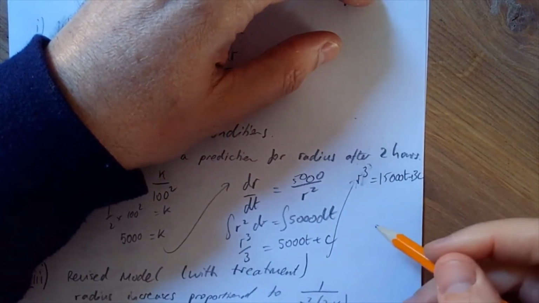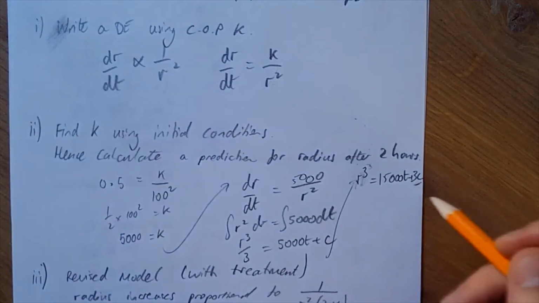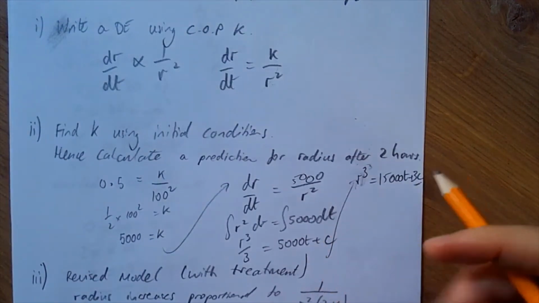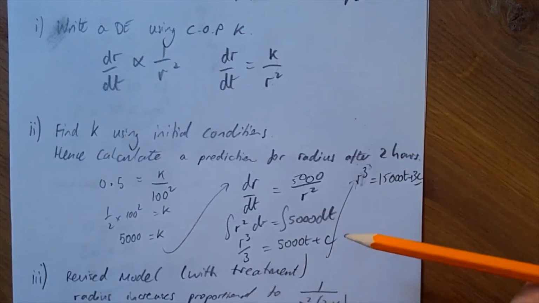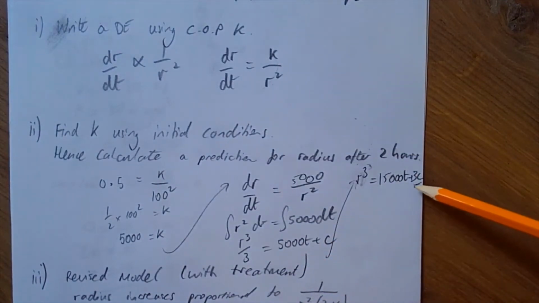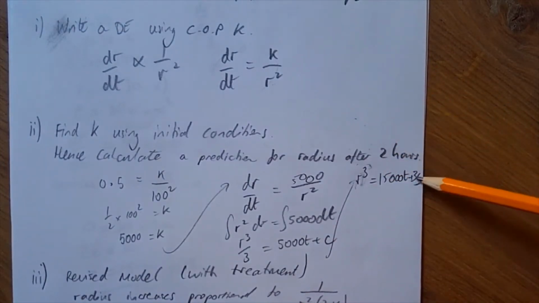Not much space here, but you know. Right, I've got this mystery c, or 3c as I've written it, because that c had to be times by 3. Some of you will know you can just leave that as a c, which is a bit cheeky, but I'm being a good boy. I'll leave it as 3c.